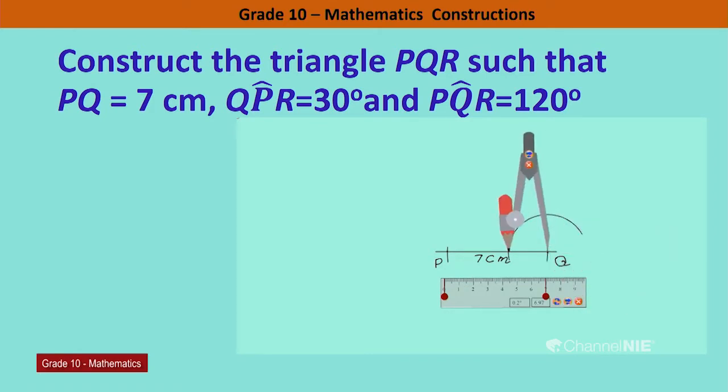Don't change the radius. Keep the steel point on the new point that intersects that arc, that line, draw an arc. Two arcs intersecting, we found another point, that is the 60.